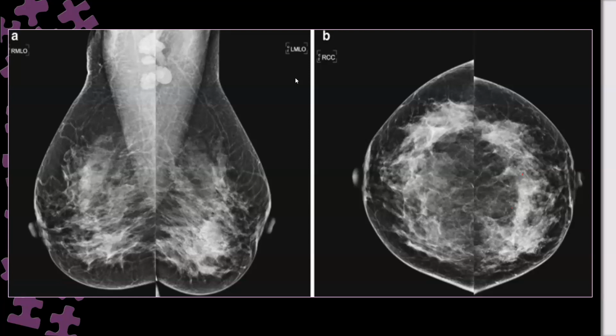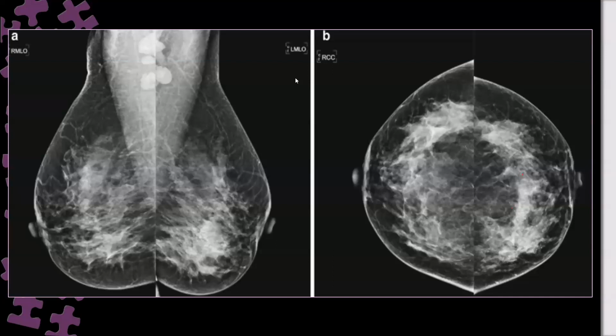Microcalcification. Can you see a microcalcification? Yeah, excellent. What else? Subtle distortion. Yes, some distortion is there, and microcalcification. So what is next?